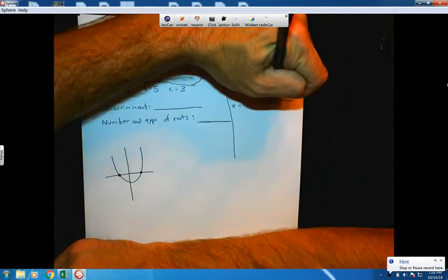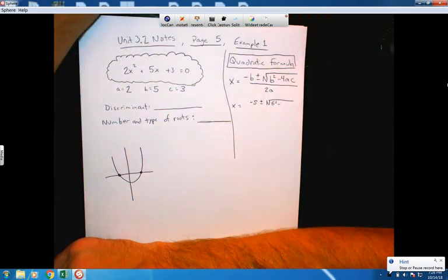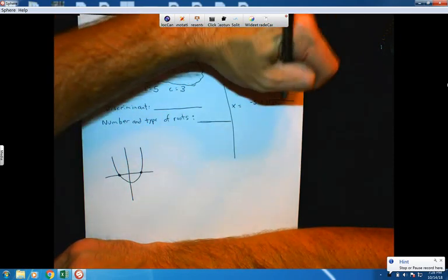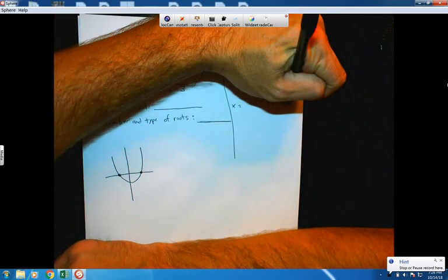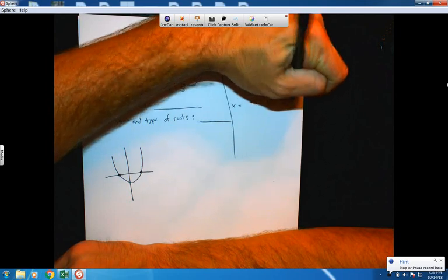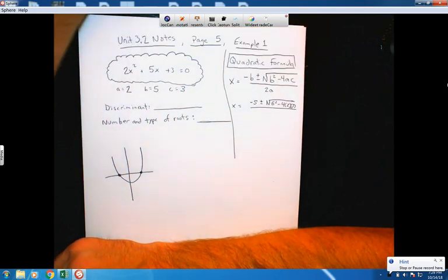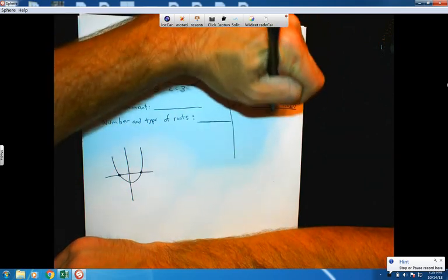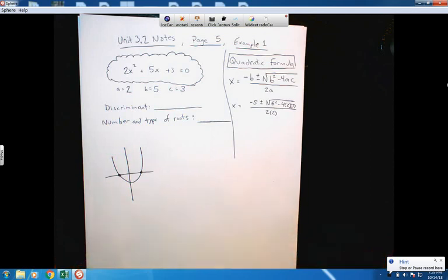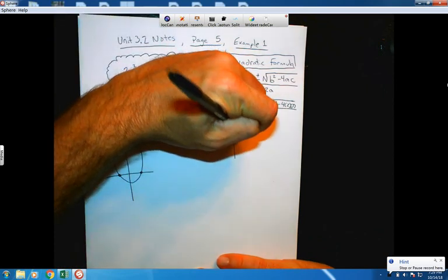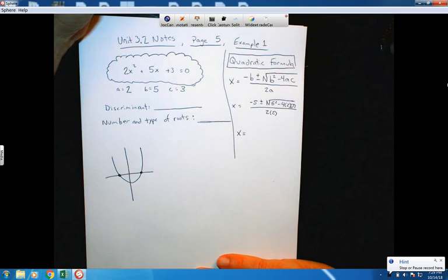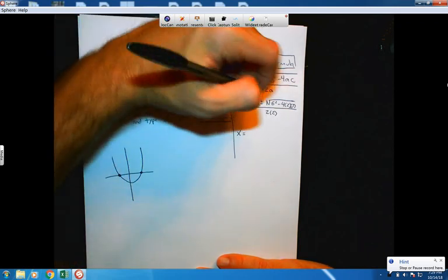So b squared is 5 squared, minus 4ac, so 4 times 2 times 3, all of that divided by 2 times a, so 2 times 2. Now we're going to keep rewriting this and make it look nicer and nicer until we get something that tells us where it hits the ground.